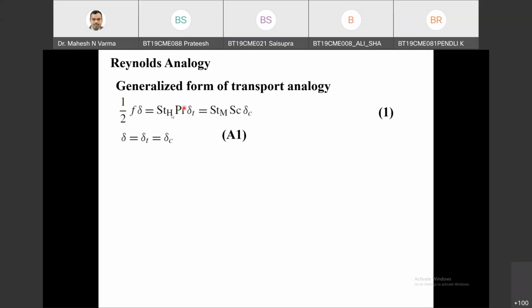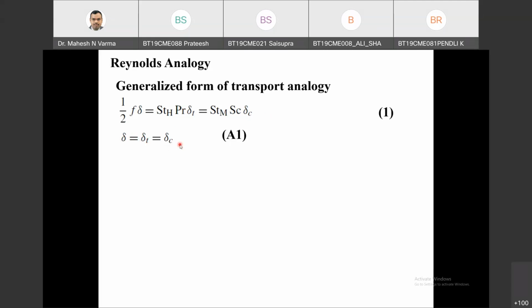He observed that the momentum transfer boundary layer thickness equals the heat transfer boundary layer thickness equals the mass transfer boundary layer thickness. This assumption, or whatever the experimental limitation of a researcher, goes as a limitation of that analogy.